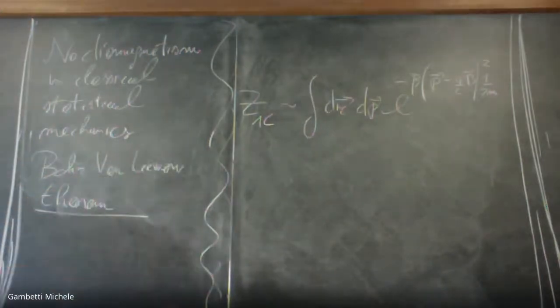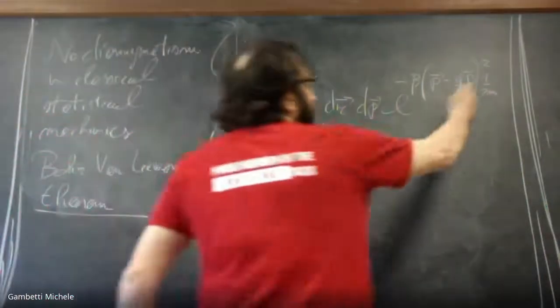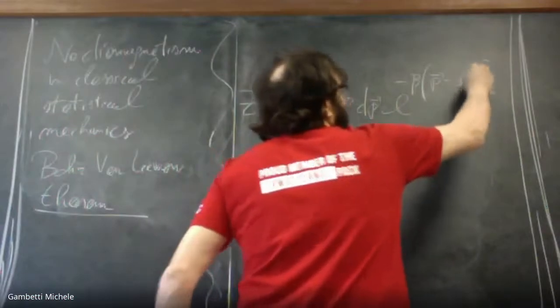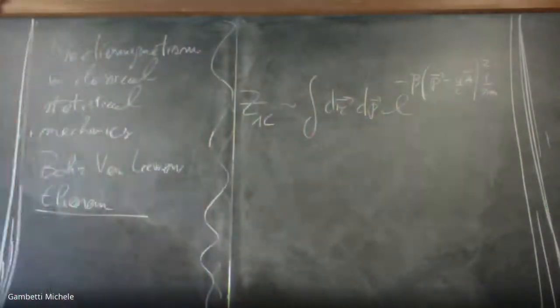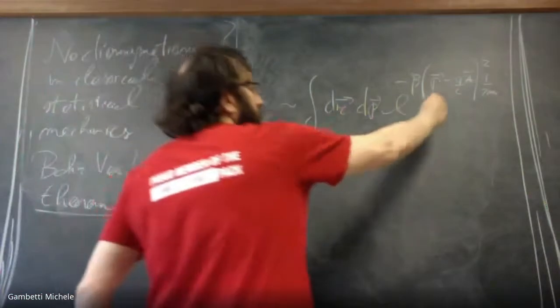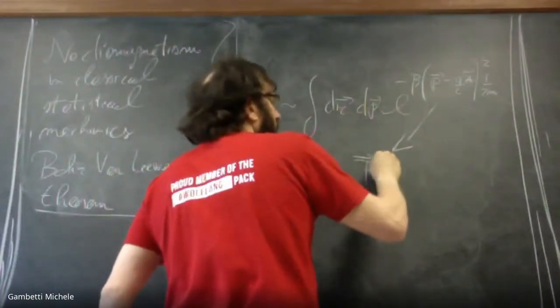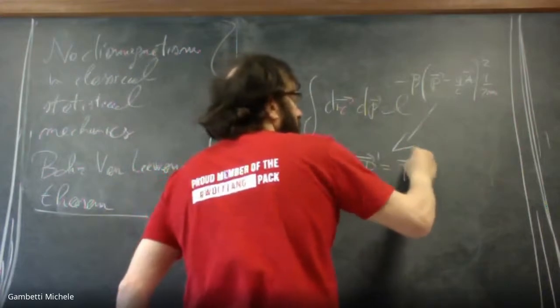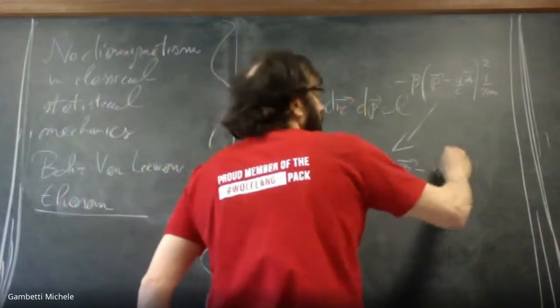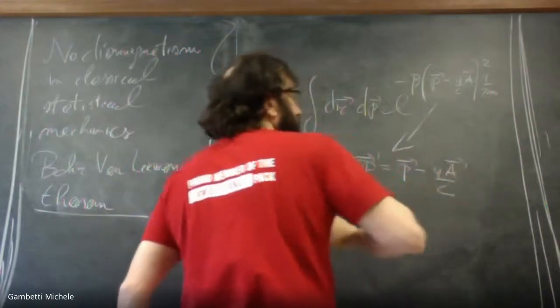You see here that A, of course, is the vector potential. You can basically just shift the momentum and define P prime equal to P minus qA divided by c.